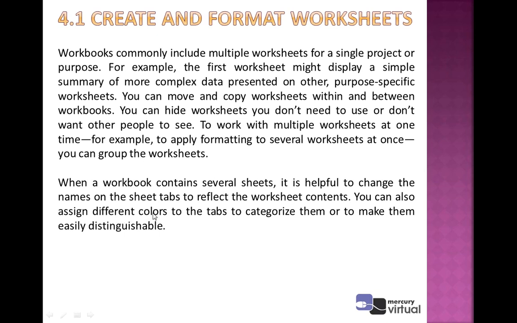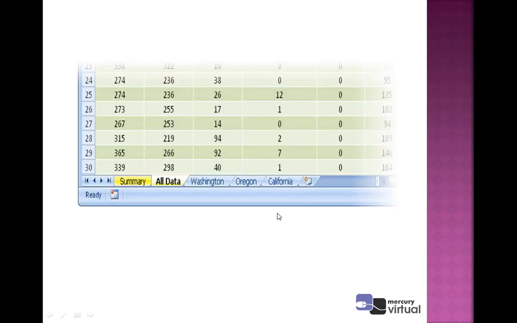You may also assign different colors to the tabs to categorize them and make them easily distinguishable from each other. This is how we can give sheet names like summary, all data, Washington, Oregon, California.